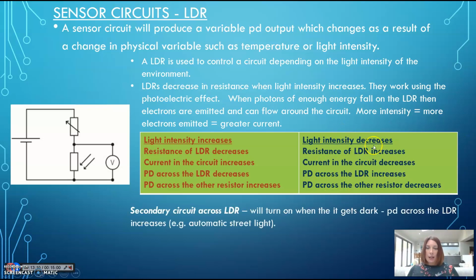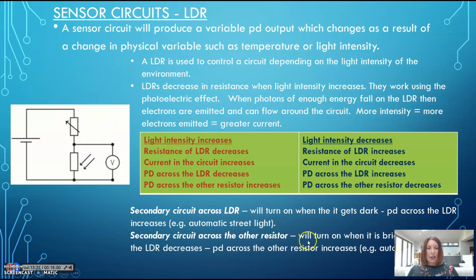So these circuits are really useful. Again, if you put a secondary circuit here where it is in the diagram, it will turn on when it gets dark because the resistance is increased, so the potential difference is increased. So that's really good for an automatic street light. And then if you move this external circuit and put it here, that's really good if you want something to turn on when it's bright.